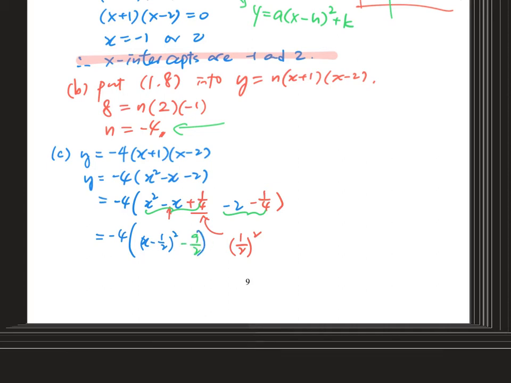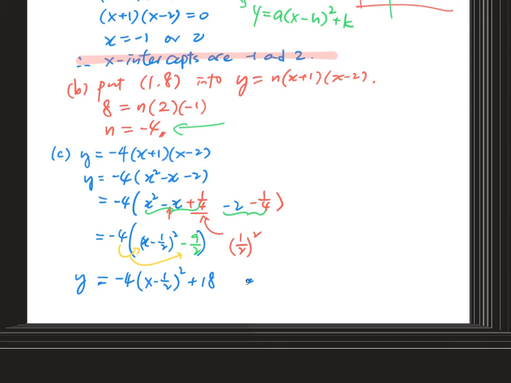And then next, -4 expanded, you've got -4(x minus half) squared, and then plus, after cancellation, you have plus 18. So it is another format, or vertex form, of the quadratic function.